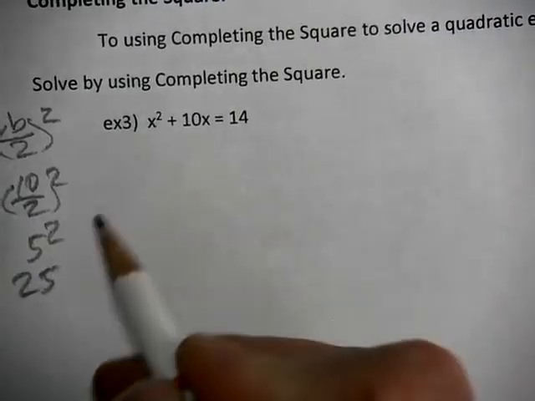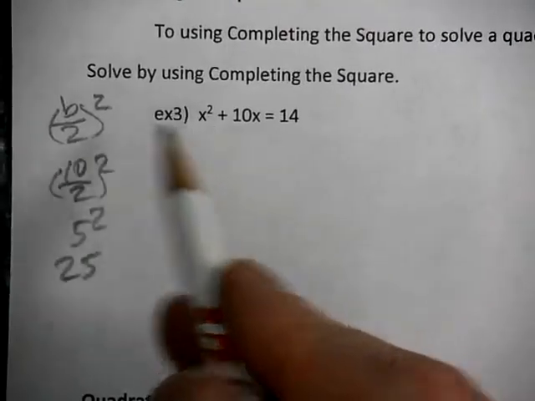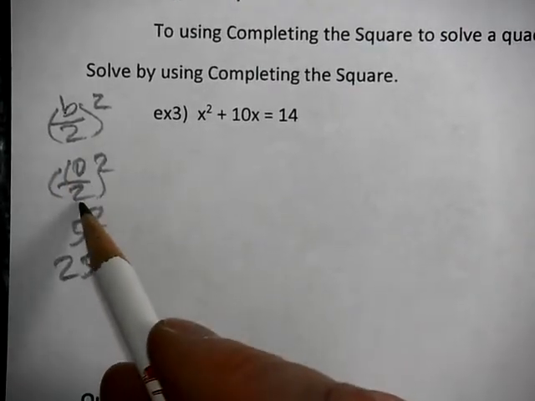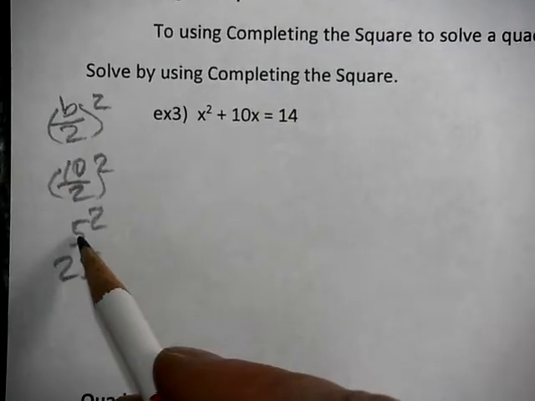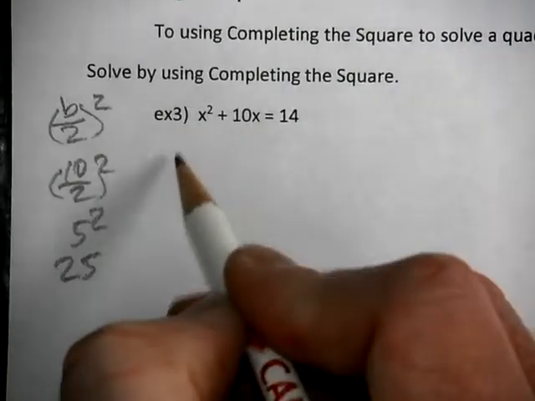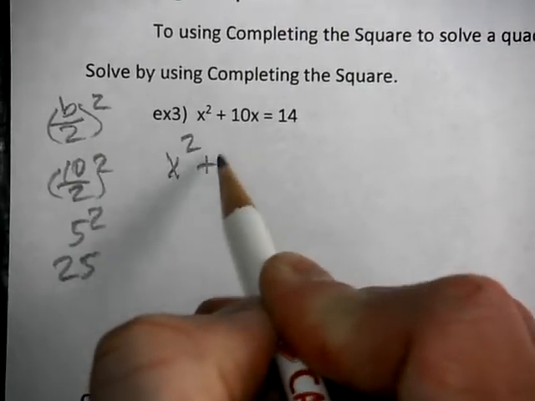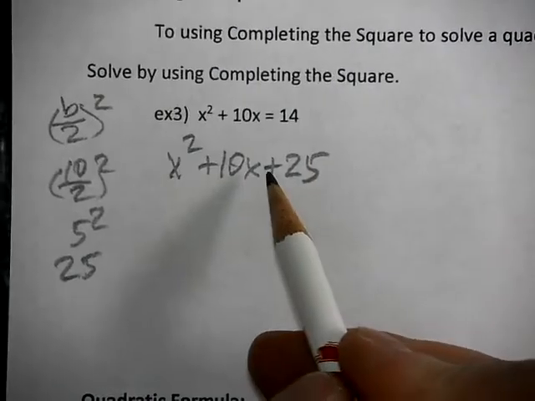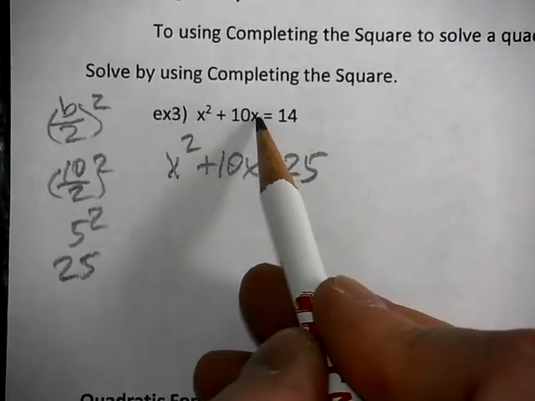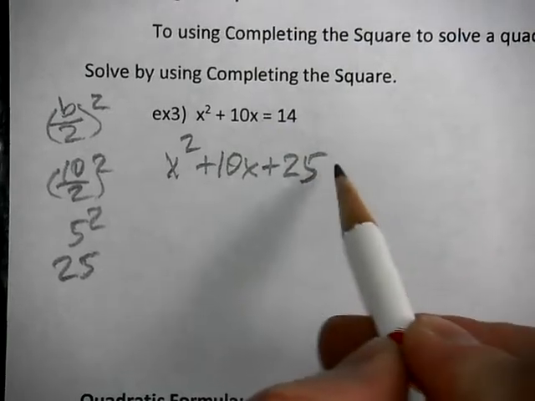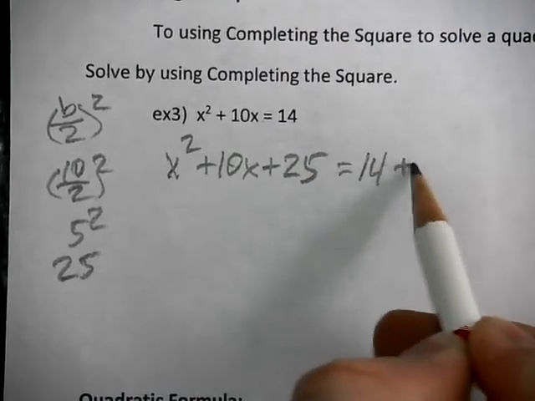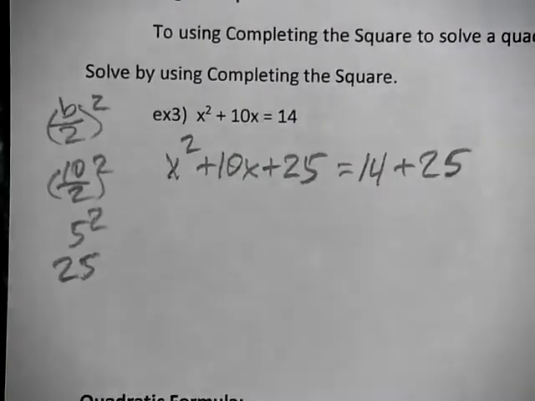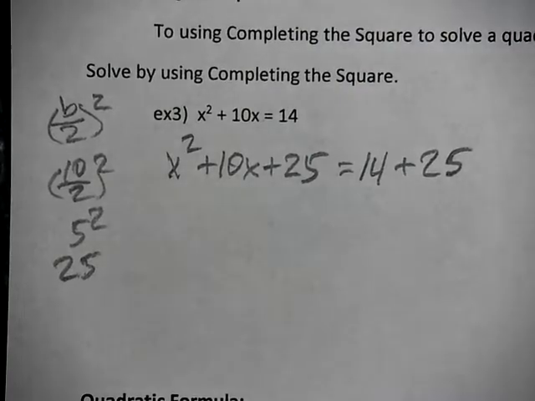So we take this 25 because it was a positive 10. It's 10 divided by 2, square the 5, which is a positive 25. So we're adding that right after our b term. We also have to add that to the other side of the equal sign.